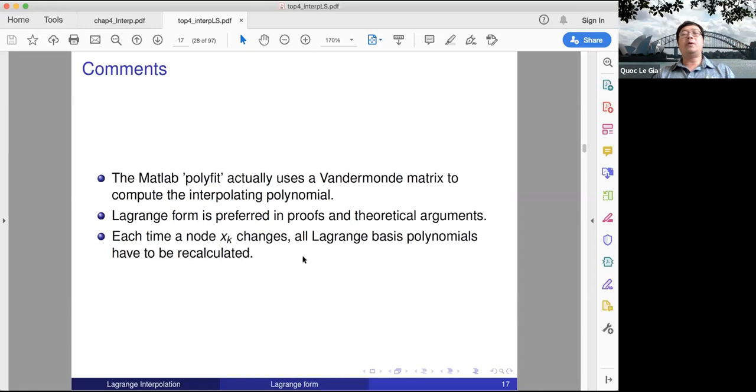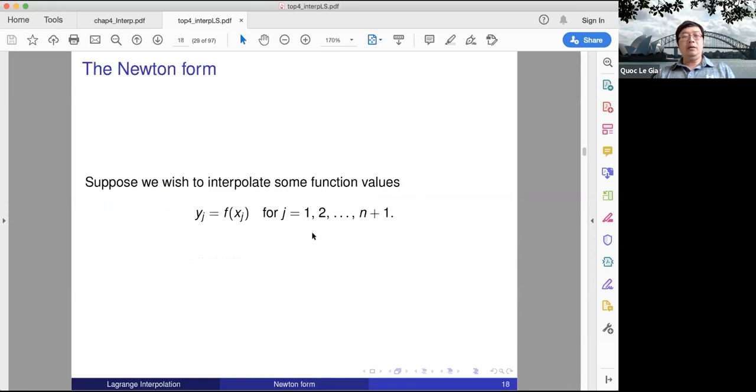Then you have to compute the Lagrangian polynomials again, right? Because you have to take the product again, x minus xk for all new xk, right? So then Newton will say that, okay, I can fix the problem. So I can reduce the work.